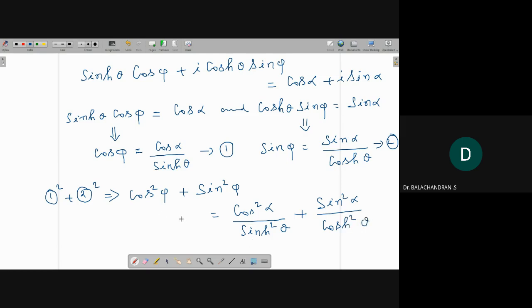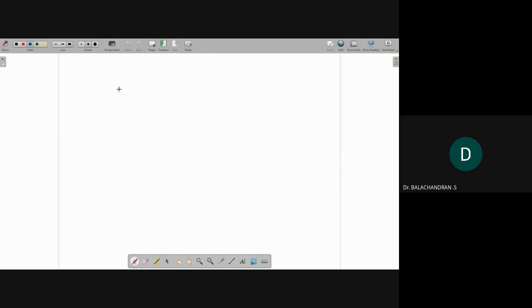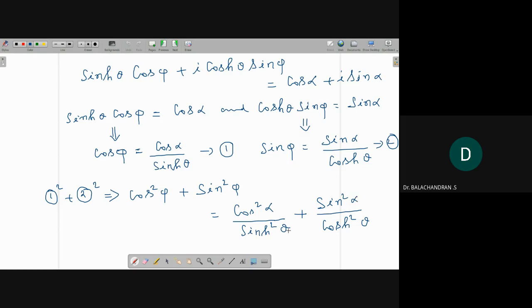Next step, I will write 1 equal to, if you take LCM, the numerator will have what?